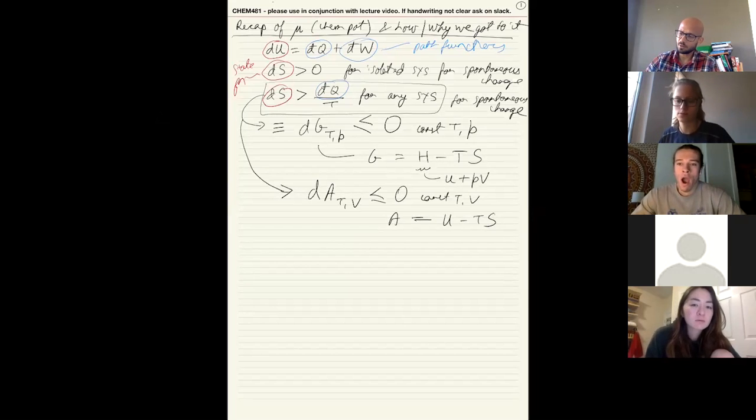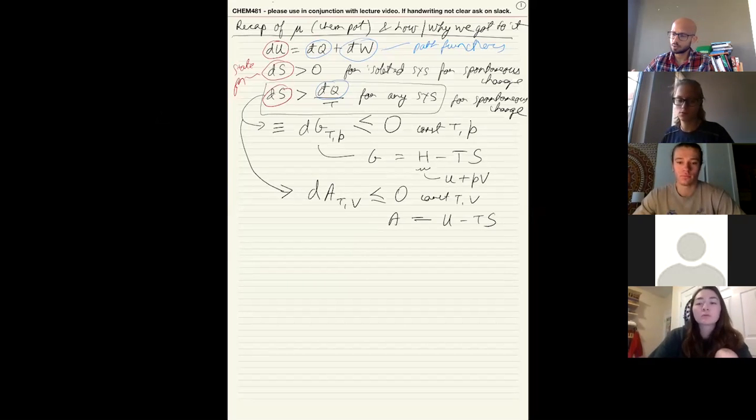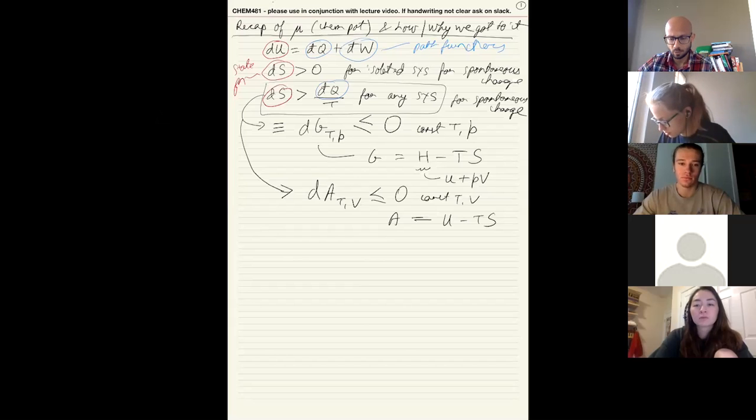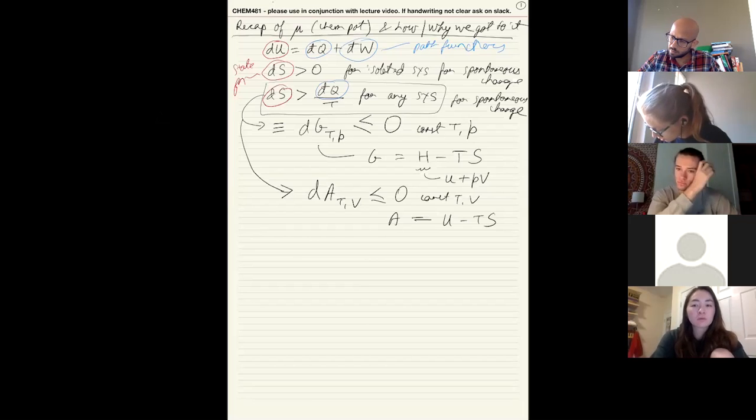So this is why we introduced the notion of G and A. They capture our condition for spontaneous change without talking about path functions. And that's kind of nice about them. At this point, we introduced a very important relation which takes the first and second law and puts them together in one form.